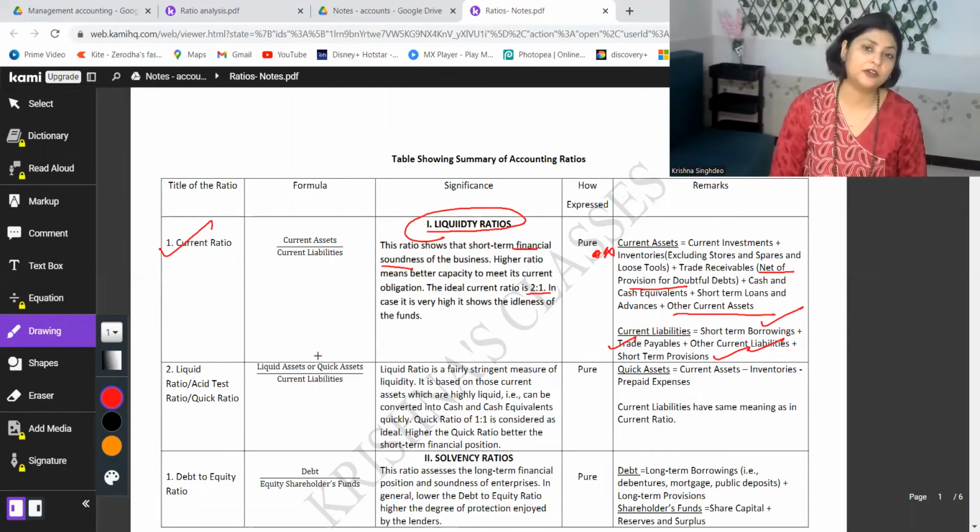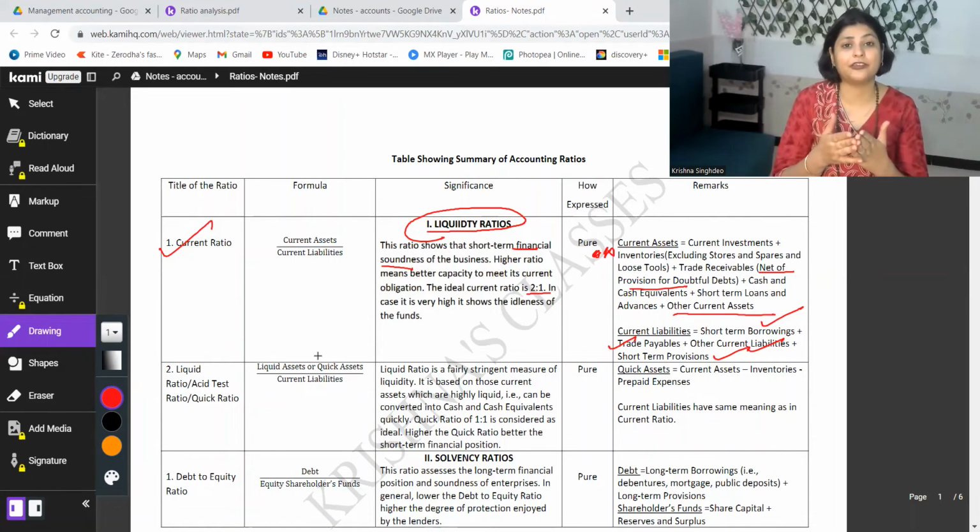Because you will have to find the buyers, and obviously the manufacturer would not like to sell inventory at any cost offered by the buyers. You would always wait for good prices. So it may take some time to convert inventory into cash, more than the period which is required for converting it into cash. That is why it is not considered while calculating the quick ratio.